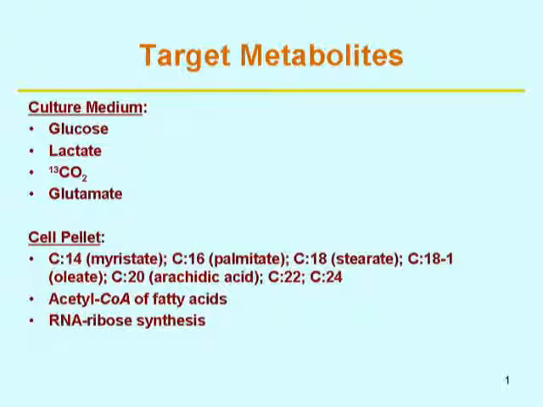We also determined the contribution of glucose-derived carbons to fatty acid synthesis, as well as RNA ribose synthesis patterns in the pentose cycle. There are many details of these synthesis patterns that can be mapped by a tracer glucose substrate, which I'm going to show you shortly.